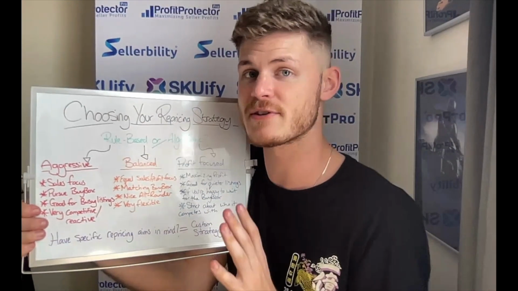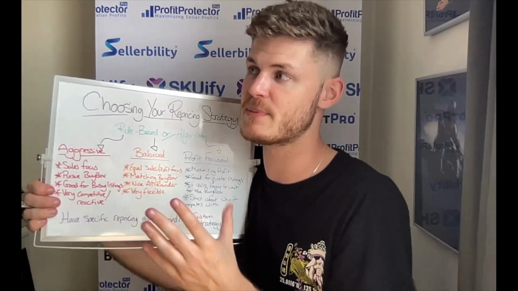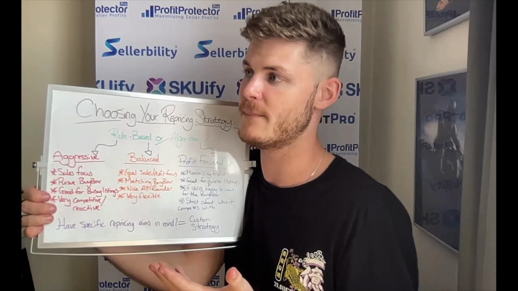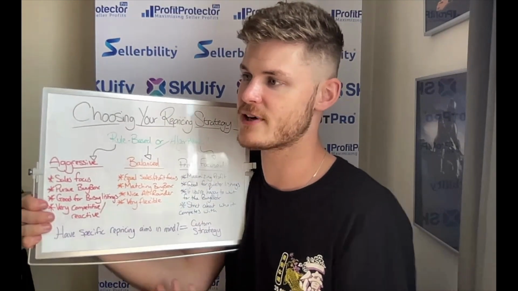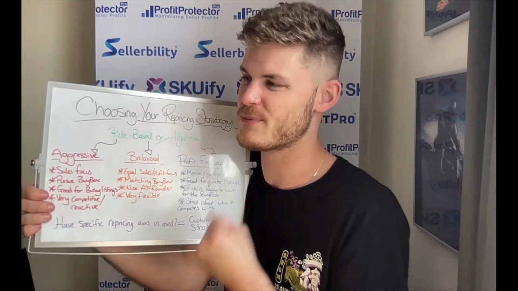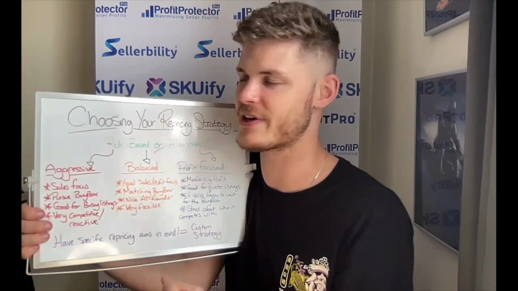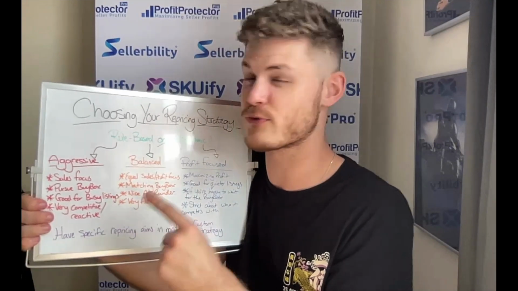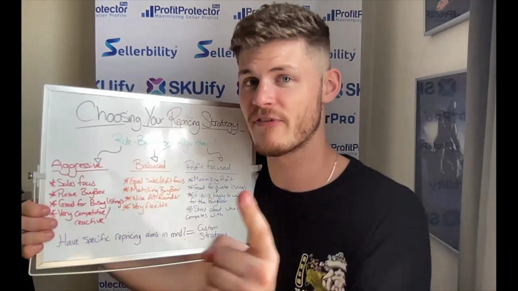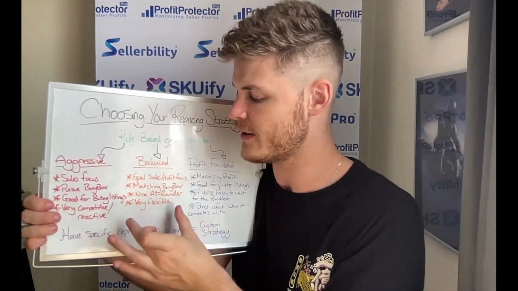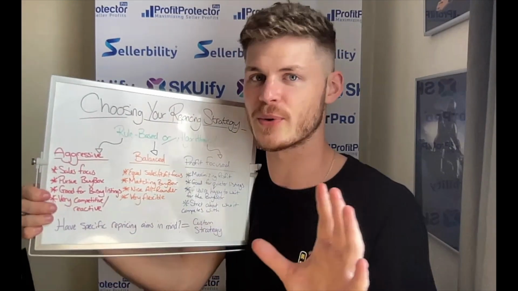But if that doesn't prove to be the most fruitful repricing method in a circumstance where just matching the buy box isn't quite clinching it, then basically what it will do is reprice against your key competitors on the listing to put you in a more favourable position to win that way. So that's what I'm talking about there.